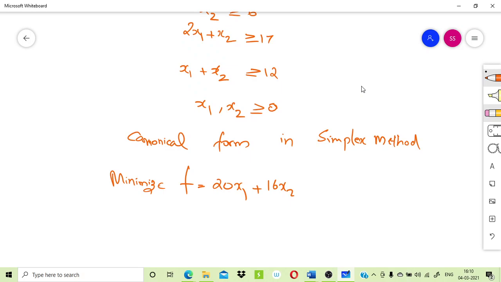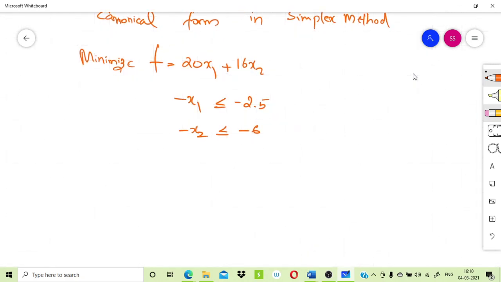So for all constraints you have to multiply by minus 1, so that you get minus x1 less than or equal to minus 2.5, then minus x2 less than or equal to minus 6, then minus 2x1 minus x2 less than or equal to minus 7, then minus x1 minus x2 less than or equal to minus 2.